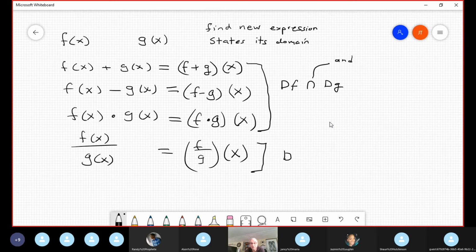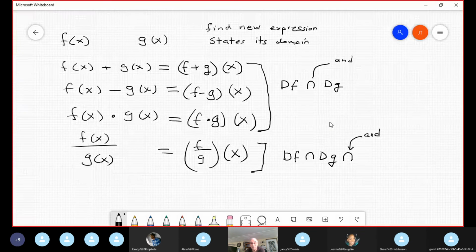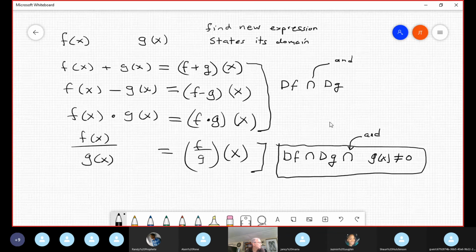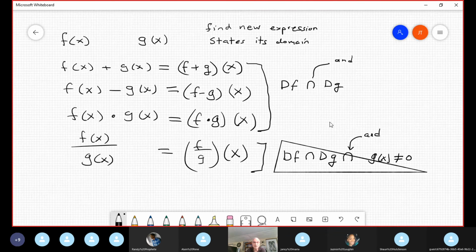Domain of f intersection domain of g intersection, that is, and the values in which g is not zero. Okay? This is more complicated.